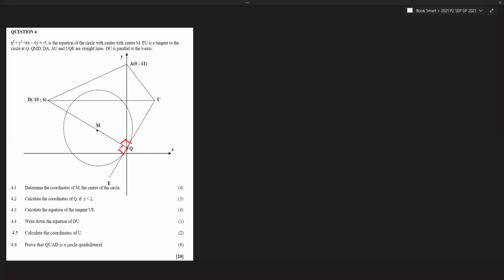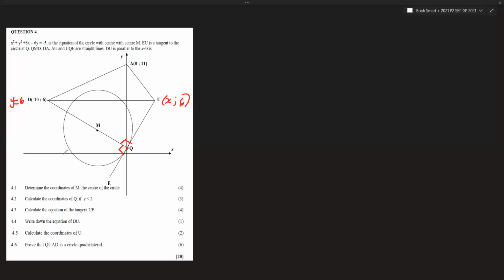Does that make sense? Perfect. Then also they said this line is parallel to the x-axis. I don't know the x value, but I know that the y value must be 6, because on horizontal lines the y value doesn't change. So the equation of this line is y equals 6, because it's 6 throughout.